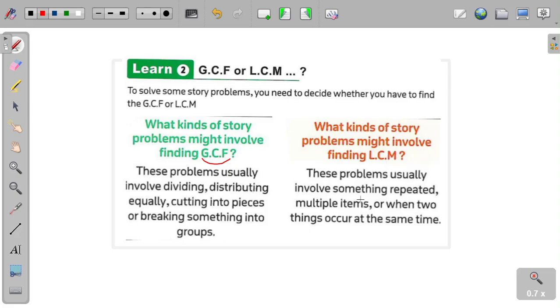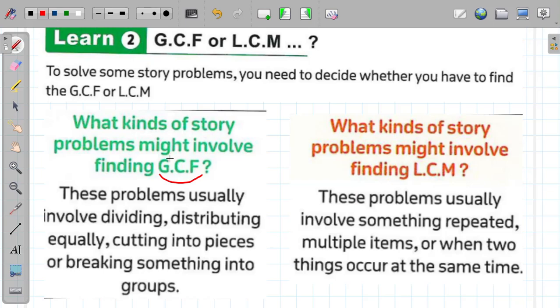If I have problems involving something repeated, multiple items, or when two things occur at the same time, okay, so the greatest common factor depends on dividing, or cutting or distributing. But the least common multiple depends on the repeating or multiple things.